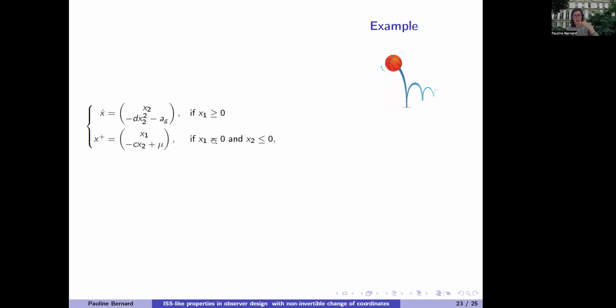When x1 hits the ground and the velocity is going down, you produce a jump, which changes the sign of the velocity with some restitution coefficient that may be smaller than 1. And just to prevent some problems here, I added some energy at the jump.